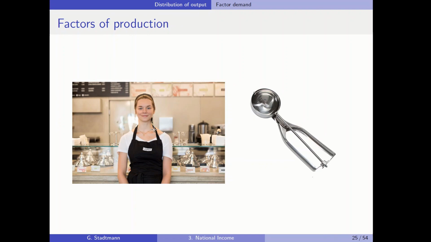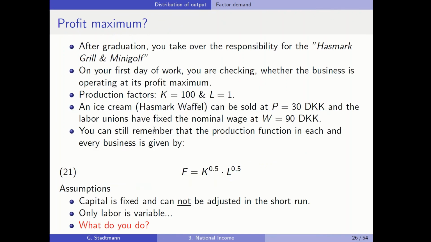You are checking the inventories and you get the following information: that the production factors amount to K equal to 100 and L is equal to 1. One ice cream, like one Hasmark waffle, can be sold at the price of 30 Danish krona, and labor unions have fixed the nominal wage at the wage rate of 90 Danish krona.